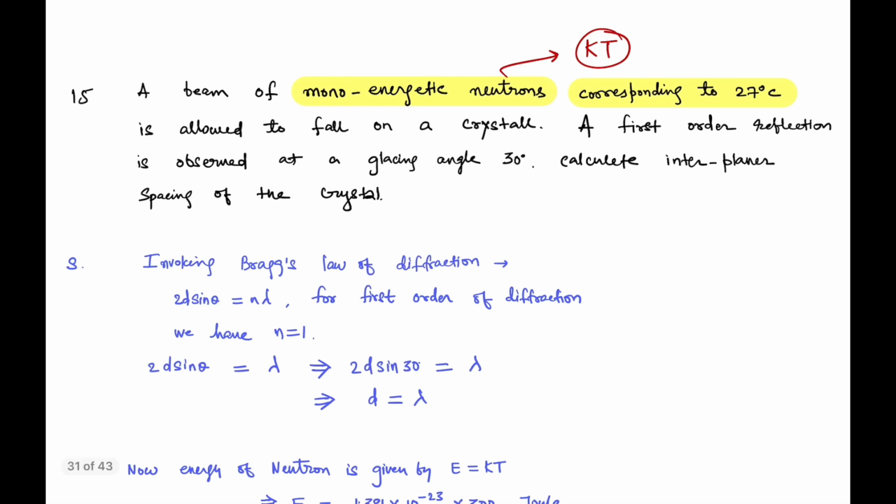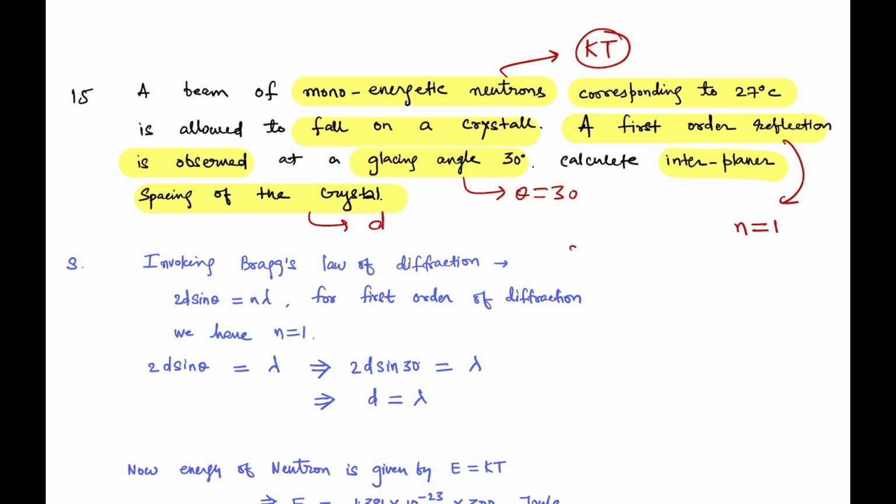So such monoenergetic neutrons are allowed to fall on a crystal. A first order means in the Bragg's reflection law you need to put n equal to 1. A first order reflection is observed at a glancing angle of 30, so we have theta equal to 30 degree. You need to calculate the interplanar spacing of the crystal, that is d.